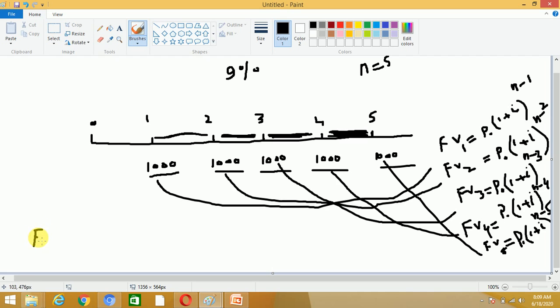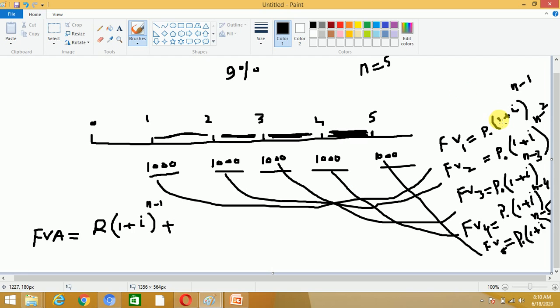Future value of annuity is equal to, instead of this P naught, for annuity we are using R. Instead of P naught, I wrote R. R (1 plus I) raised to the power n minus 1.